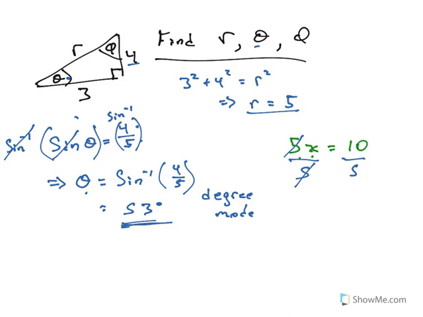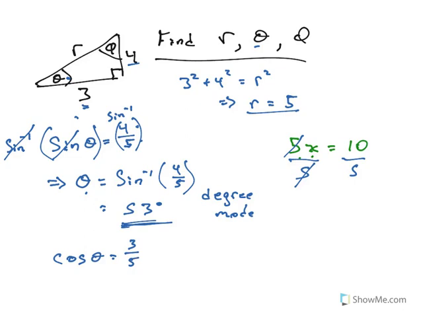Now, before I move on to phi, note I didn't have to use sine. I could have used cosine. If I used cosine instead, I would have had cosine of theta equals, well, cosine is the CAH part, that's adjacent over hypotenuse. So the side adjacent to theta is 3 over 5.